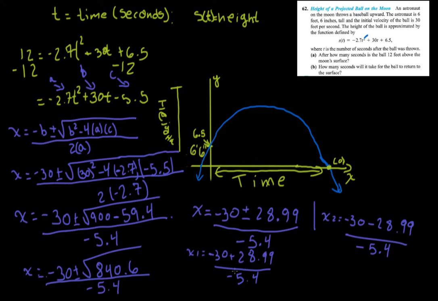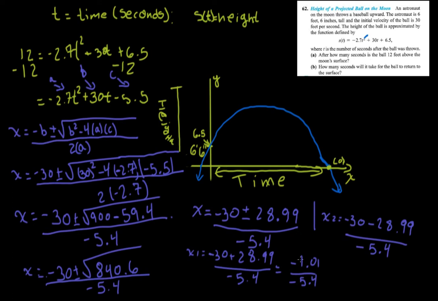So let's see. So we say that negative 30 plus 28.99 is going to be negative 1.01, right? Divided by negative 5.4.